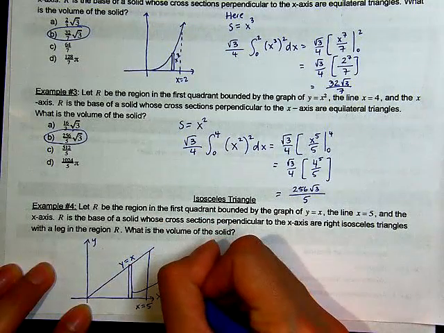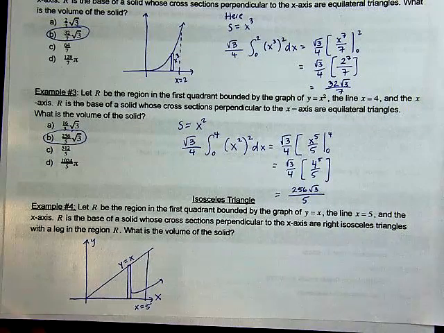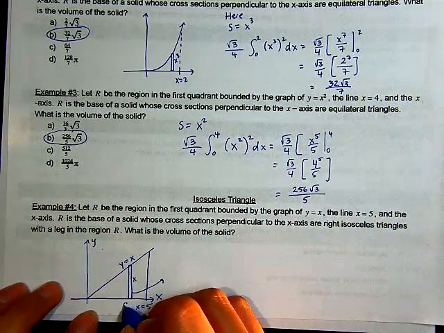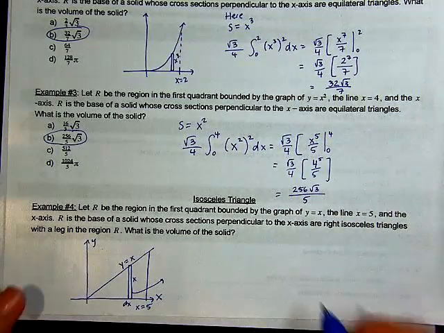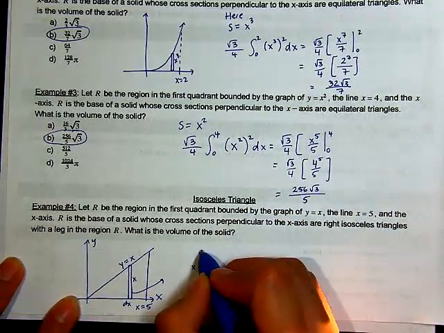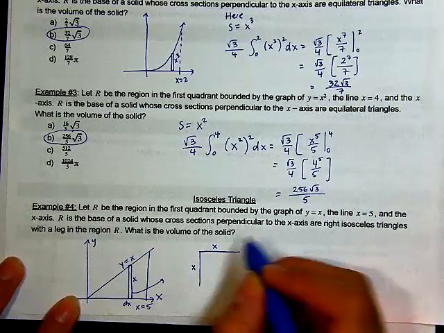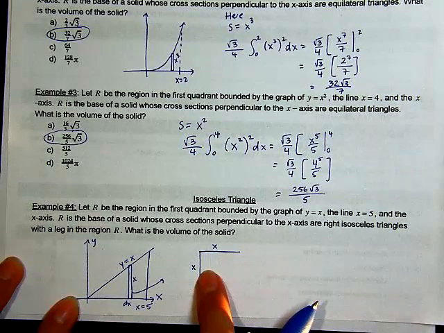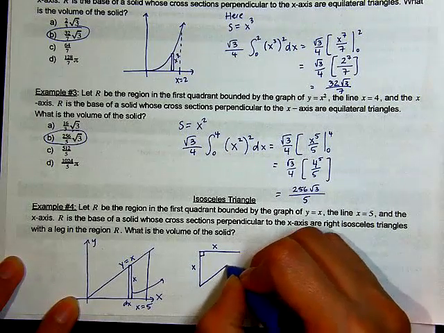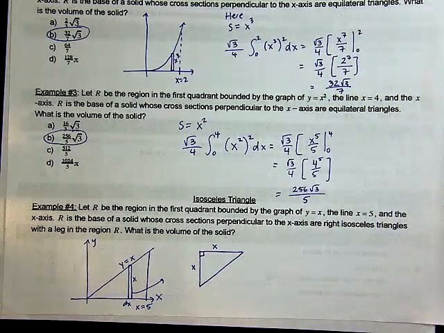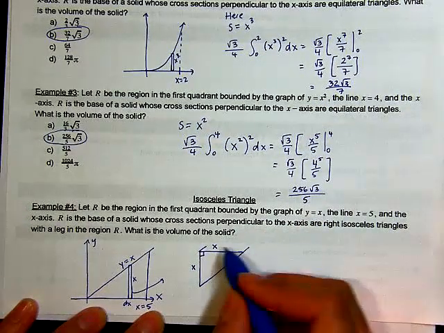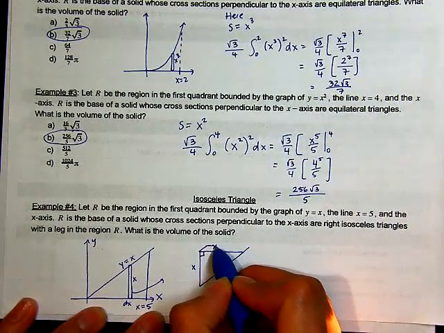Let's pull it out. This slice is x tall. Its thickness is dx. If I were to pull it out, a right isosceles triangle, isosceles meaning that these two sides have the same length and it's a right triangle. So this time when I pull out my slice, it looks something like this. So to make it 3D looking, you can draw two lines going backwards and then just connect the two.